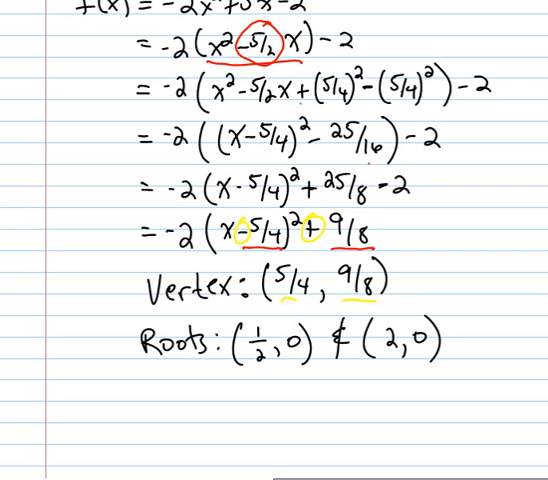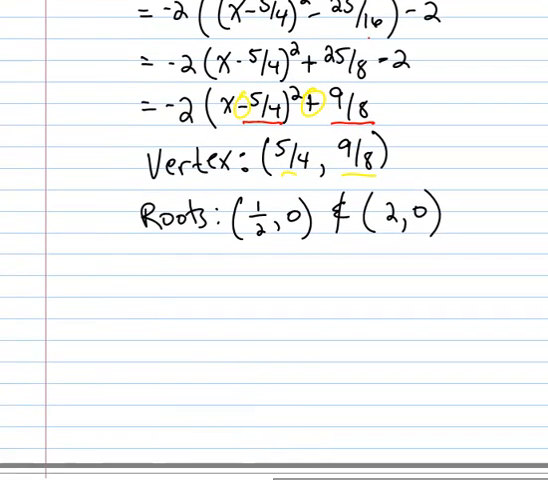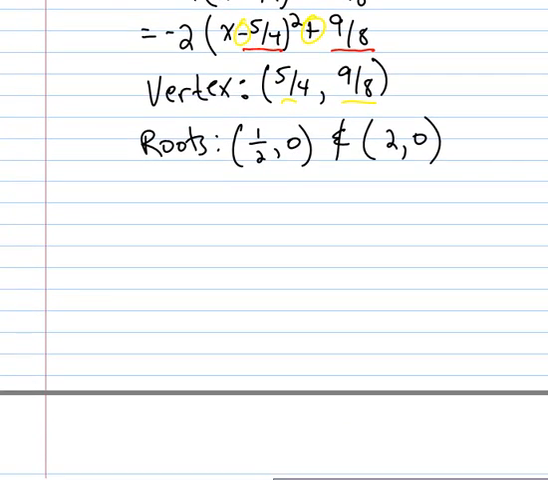This sign, if it's negative, that gives you the positive value for x. This sign, you take whatever it is, the positive. So if it's positive, the y value is positive. If it's negative, the y value is negative. Okay? And we found the vertex at 5/4 and 9/8.